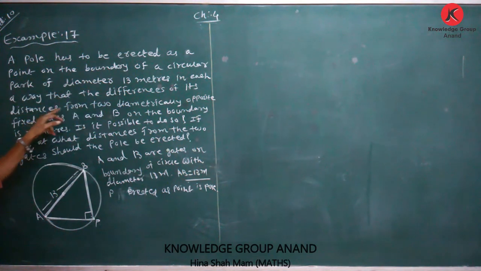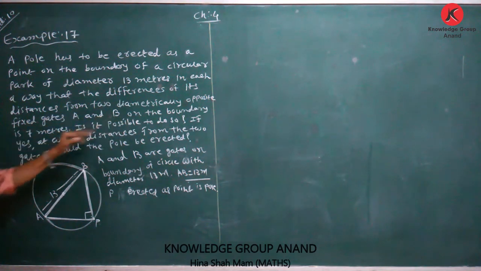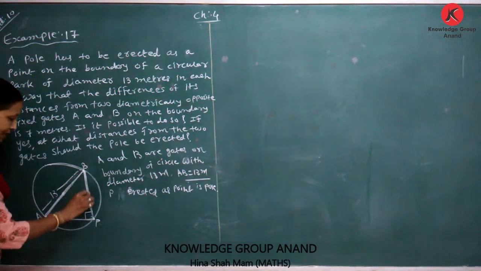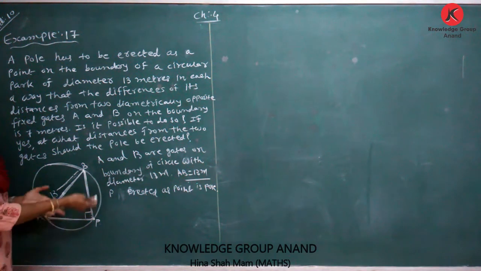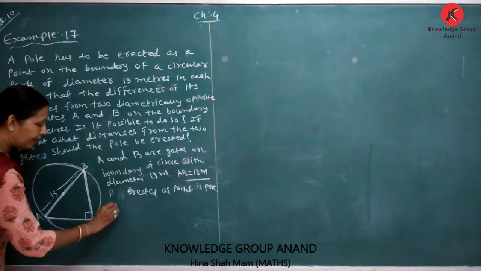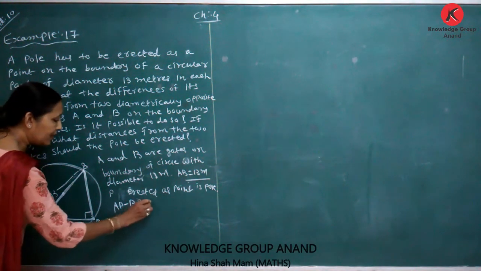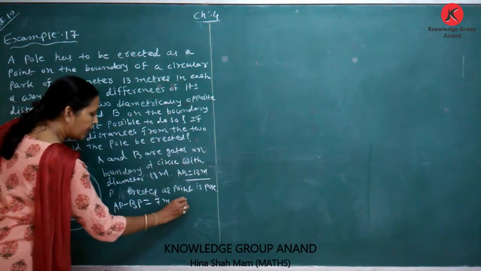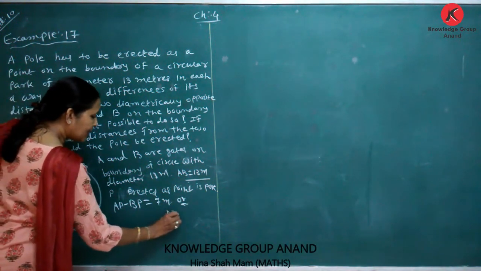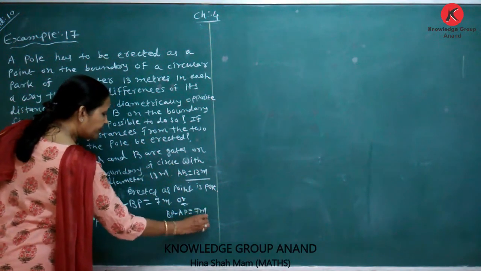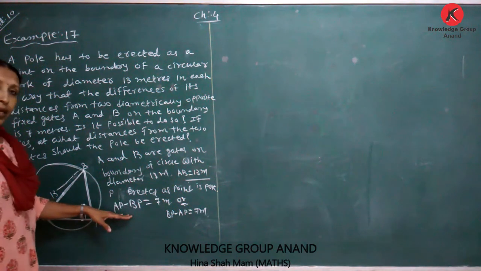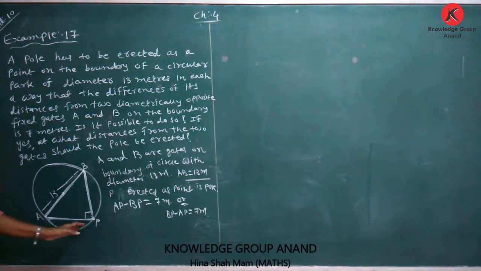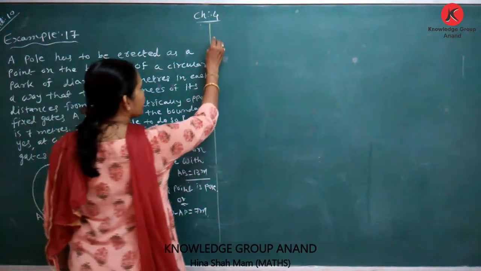The difference of its distances from the two diametrically opposite fixed gates A and B on the boundary is 7 meters. Here the distances are AP and BP. We take AP minus BP = 7 meters or BP minus AP = 7 meters. Taking AP greater, let AP = x.